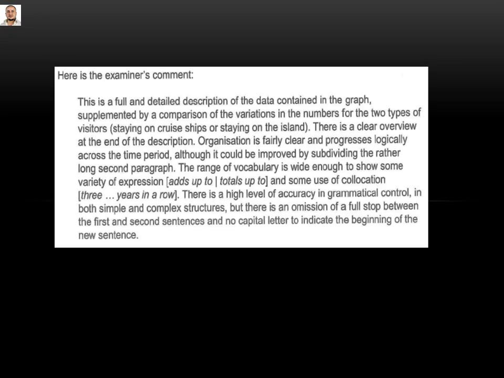There is a high level of accuracy and grammatical control in both simple and complex structures, but there is an omission of a full stop between the first and the second sentences and no capital letter to indicate the beginning of the new sentence. Okay, this one got 7. It's a 7 plus, really. It's the band of 7.5 for this piece of writing.